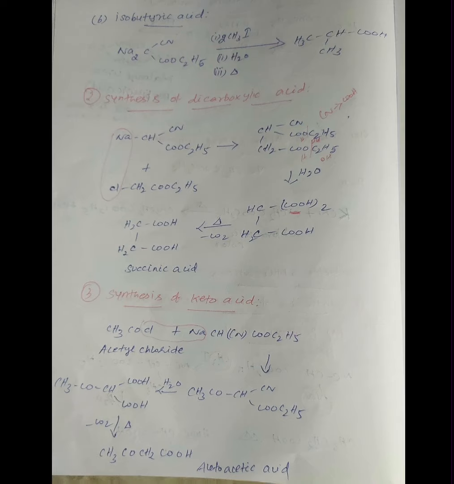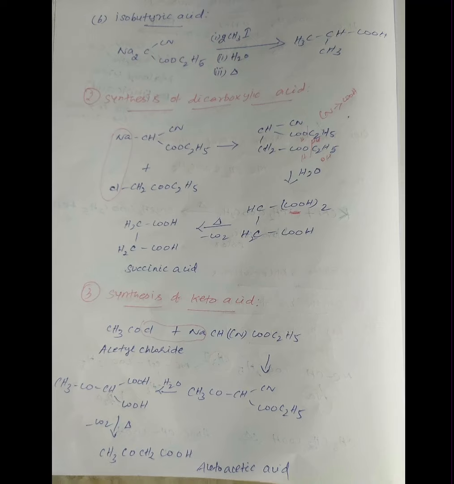Next, synthesis of dicarboxylic acid. Here 2 reactants are used. One is cyanosodio-acetic ester, another one is chloroacetic ester. Both are involved in the reaction. Sodium chloride is removed and a carbon-carbon bond is formed. The product is CH(CN)(COOC2H5)CH2COOC2H5.